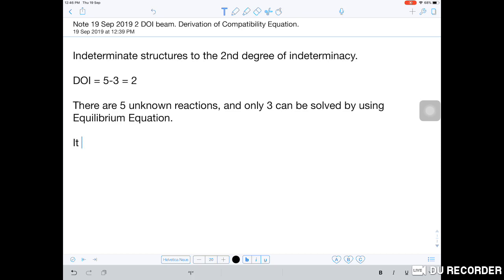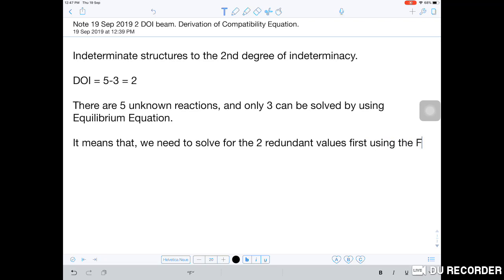It means that we need to solve for the two redundant values first, using the flexibility method.